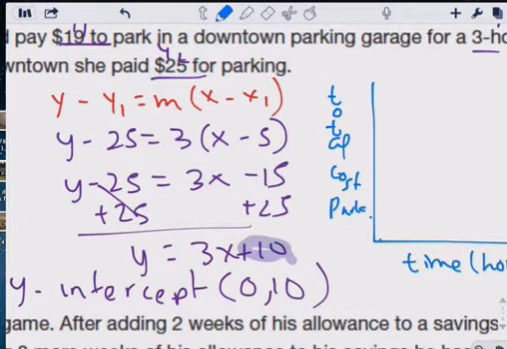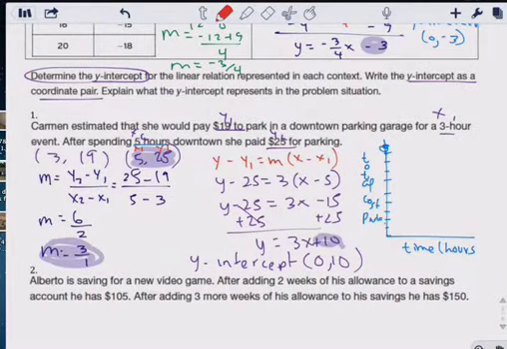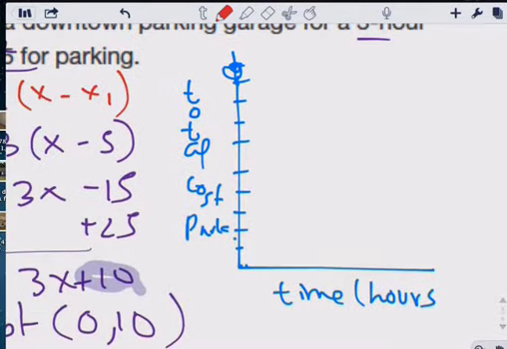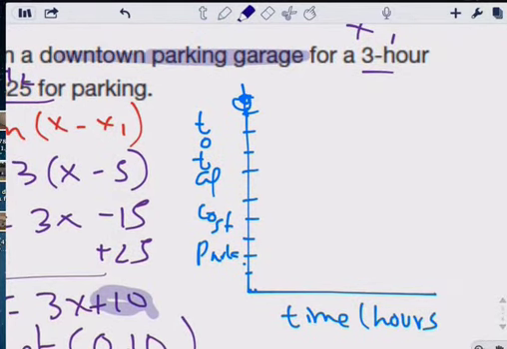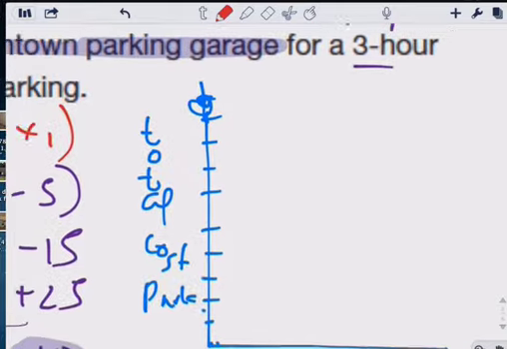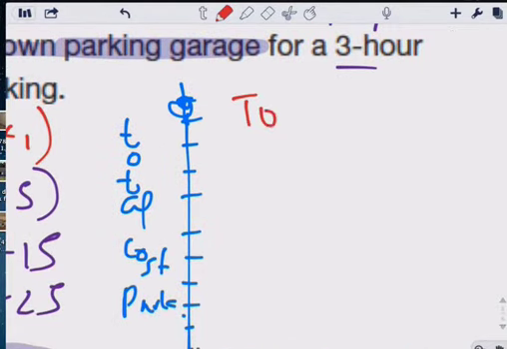So at 0 hours, they charge you 1, 2, 3, 4, 5, 6, 7, 8, 9, 10. At 0 hours, they charge you $10. What does that mean? That means to enter that parking garage, it costs you $10 automatically. To enter the parking garage, it's the entrance fee.